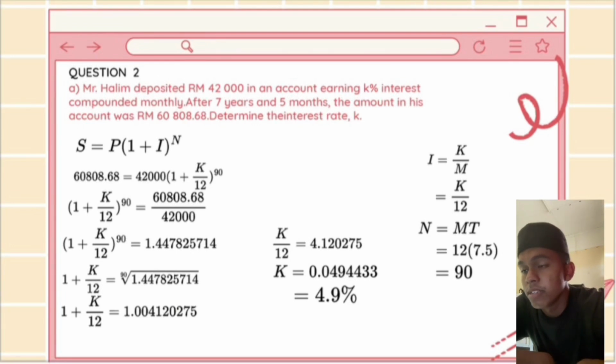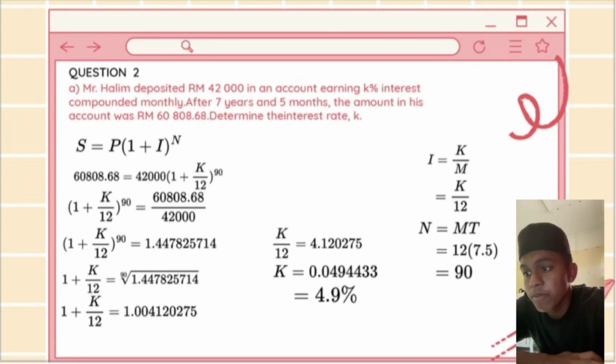Okay, we use the compound interest formula. The S is 60,808.68. The P is 42,000 times (1 plus K per 12) to the power of 90. So we move P, S per P, and we get the answer 1.447825714.